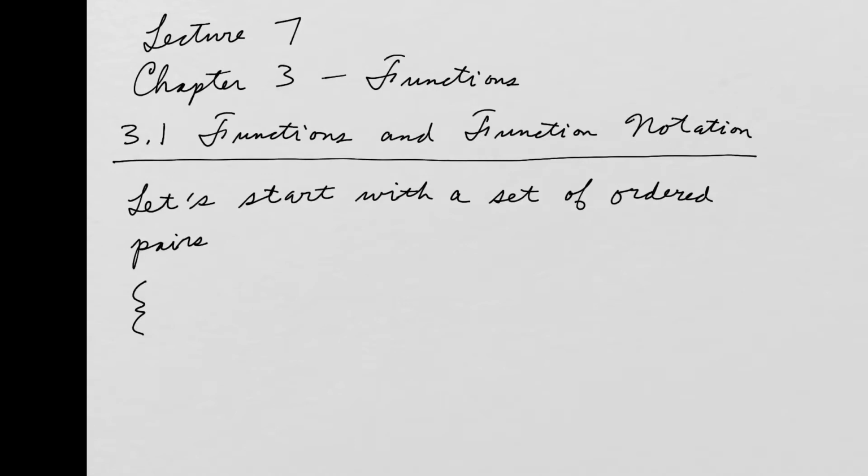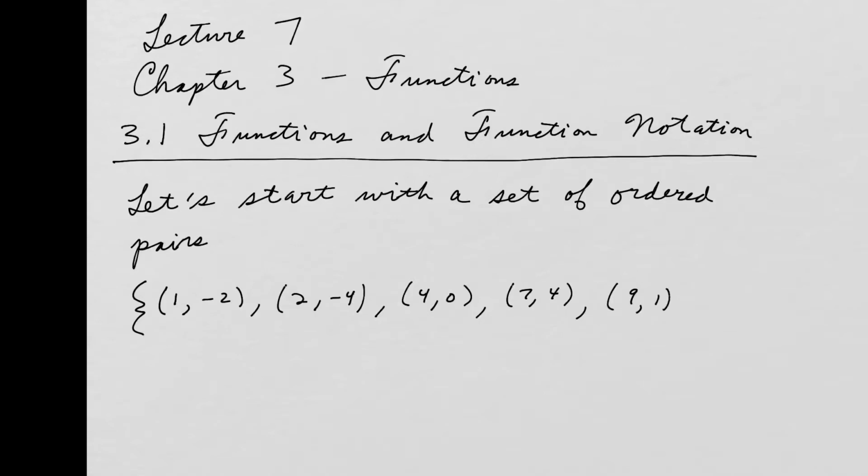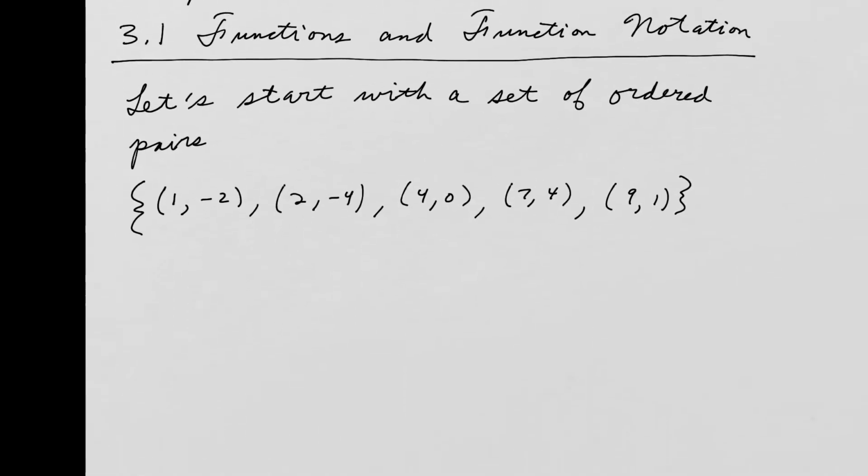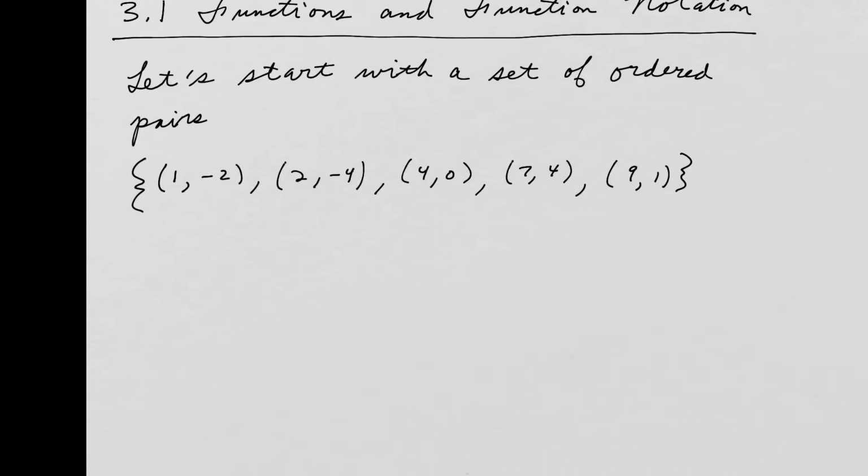So I have a curly bracket, and then in that set I have ordered pairs. I think of them as x, comma, y values. So let's say this is my set. So this is called a relation.